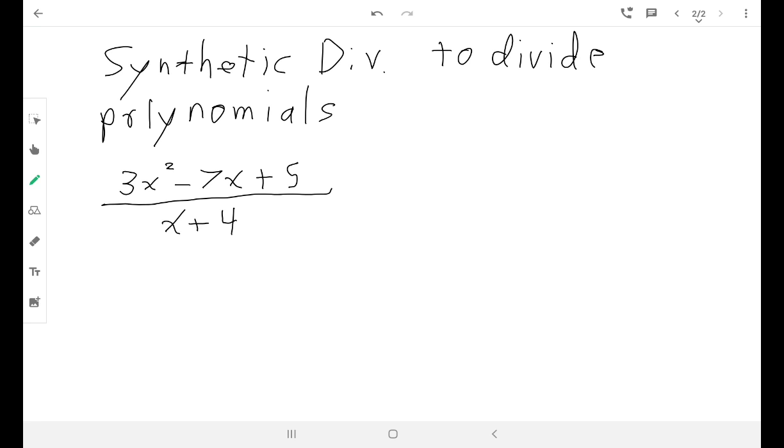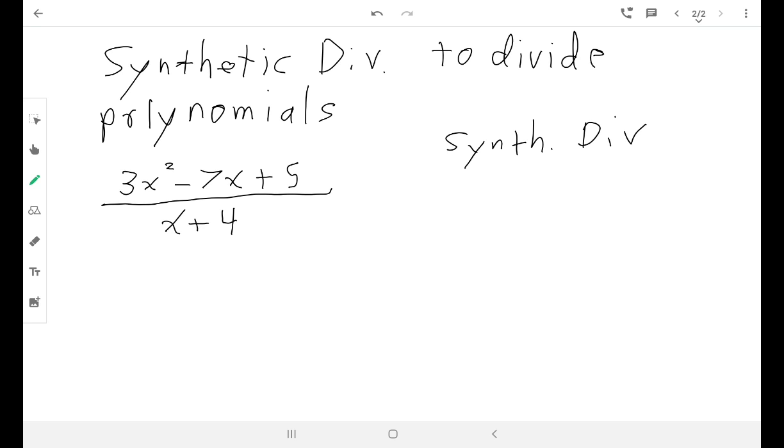So what we're going to do is talk about how to do this by synthetic division first. I'll show you synthetic division, and then I will very quickly show you why it falls apart very easily and why you just shouldn't use it.